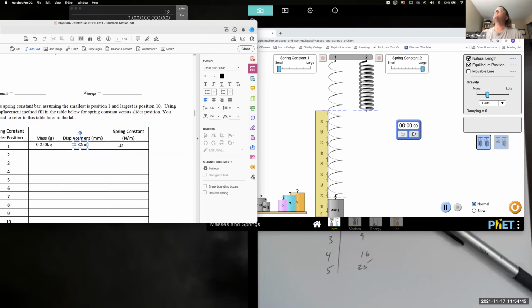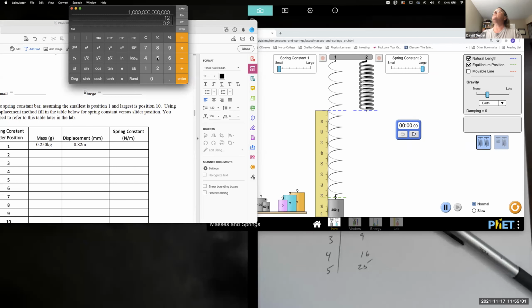This has displacement in millimeters, so that would be 820 millimeters. And my spring constant in newtons per meter is force, 0.25 times 9.8, divided by 0.82. And it's 2.99 newtons per meter. Probably 3.